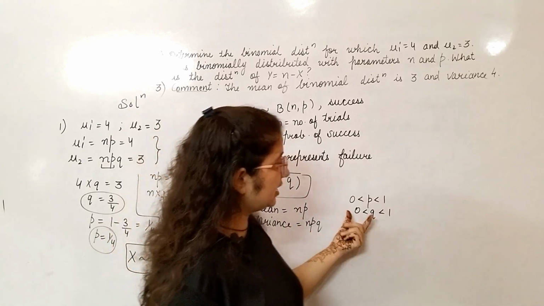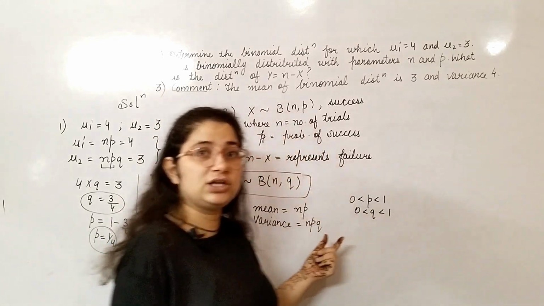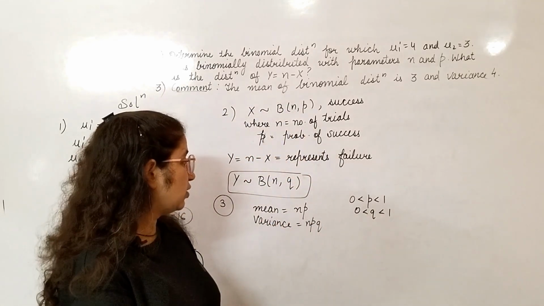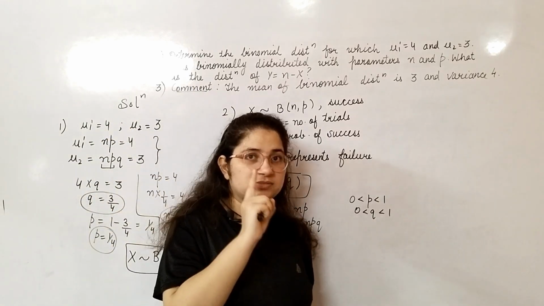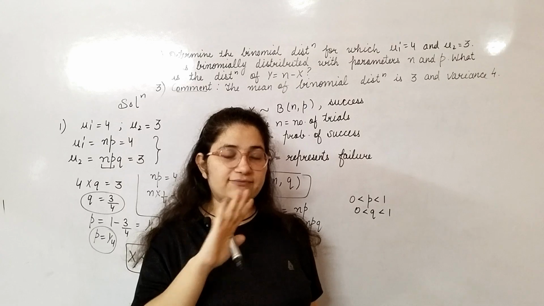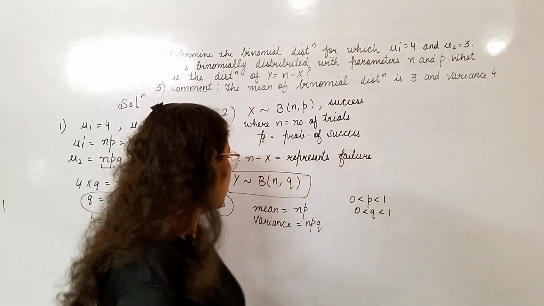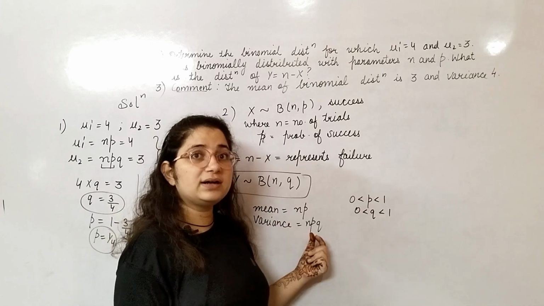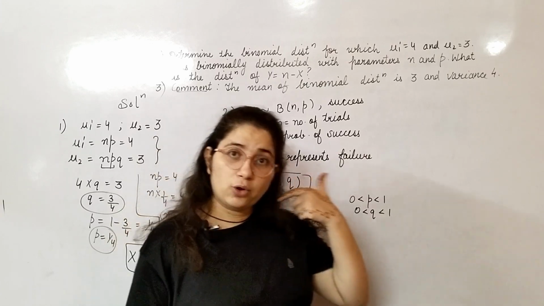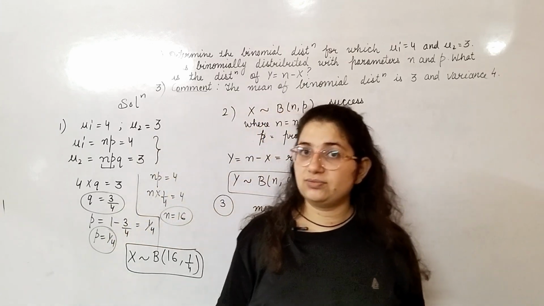Now consider the case when both lie between 0 and 1. Look, in the mean I am multiplying only by that one number which lies between 0 and 1. Definitely that will be in some decimal form. But in the variance, I already multiplied np, but again I am multiplying by another smaller number lying between 0 and 1.